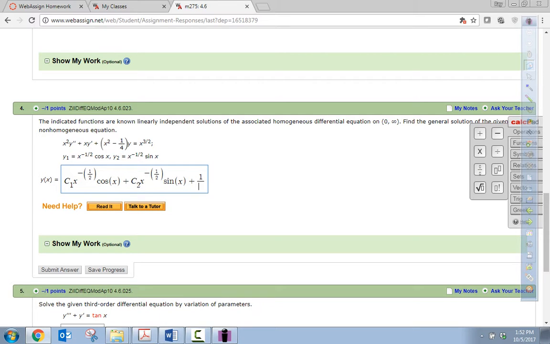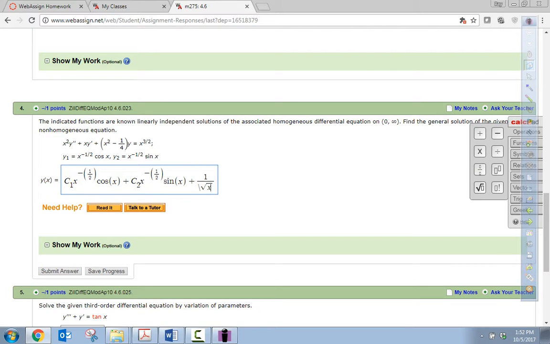And then any way you want to write this, x to the negative 1/2. If you didn't simplify it, they should still probably think it's okay.